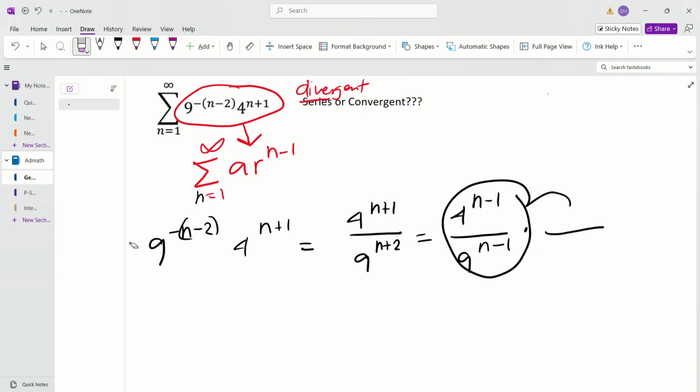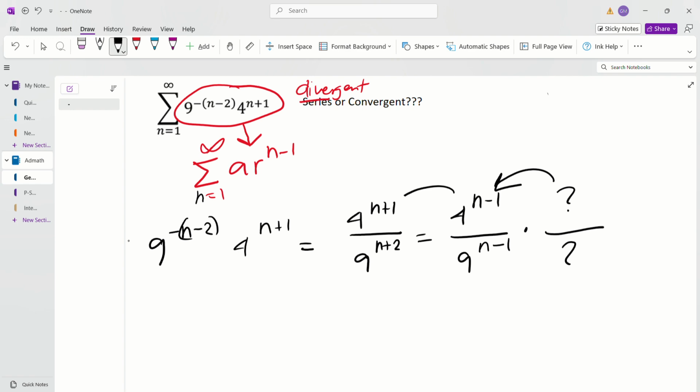Again, let's find a value that if we multiply it to 4 raised to n minus 1, the answer will be 4 raised to n plus 1, as well as another value in the denominator that if we multiply it to 9 raised to n minus 1, the answer will be 9 raised to n plus 2.